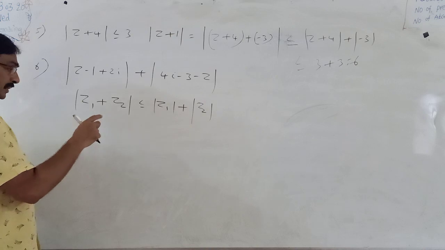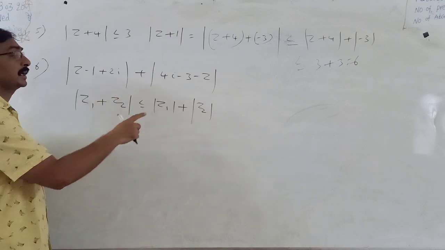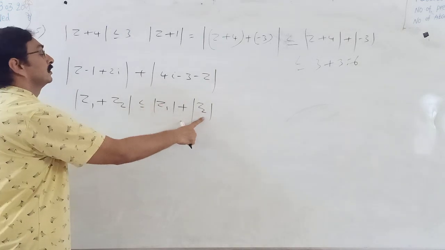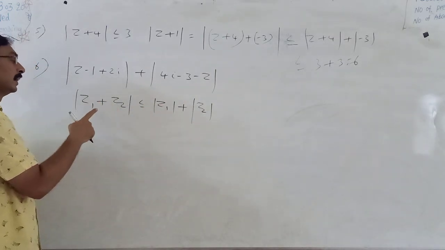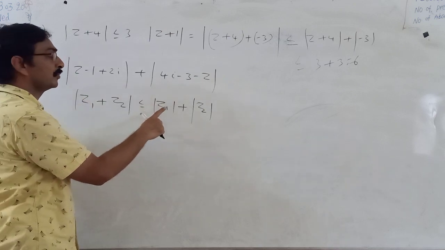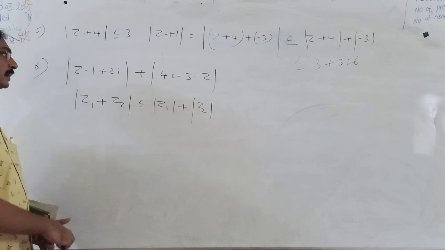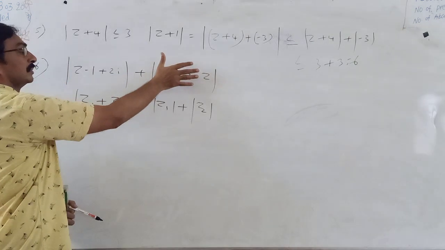Already I had explained two problems based on this one. Given the sum of these two, they can ask what is the maximum value of this one, or given this one, what is the minimum value of mod z1 plus mod z2. So this is in the form of mod z1 plus mod z2.